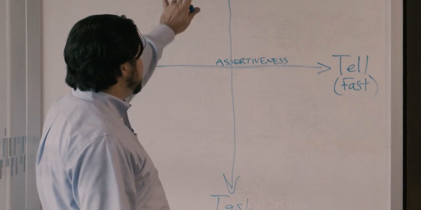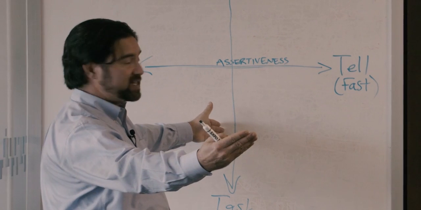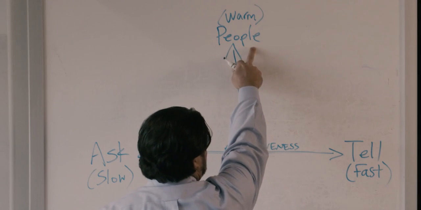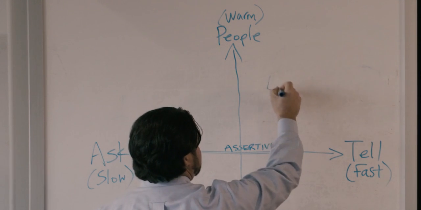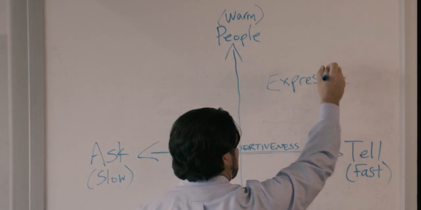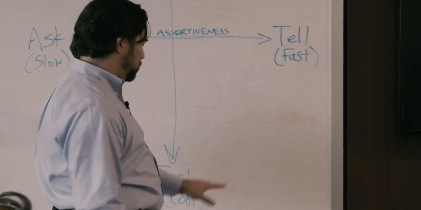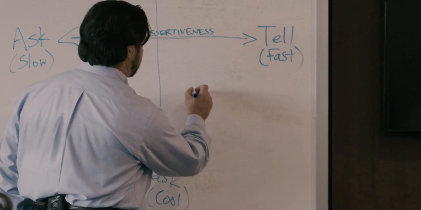Now, once we can answer these 2 questions between how they assert themselves and how they respond to external stimulus, now we can start getting a picture of who these people are. If somebody's warm, if somebody's a people person, but they're a fast talker, this is what we call our expressive. But we also have tell-assertive people in our business who are a little bit cooler, a little bit more direct, a little bit more to the point.